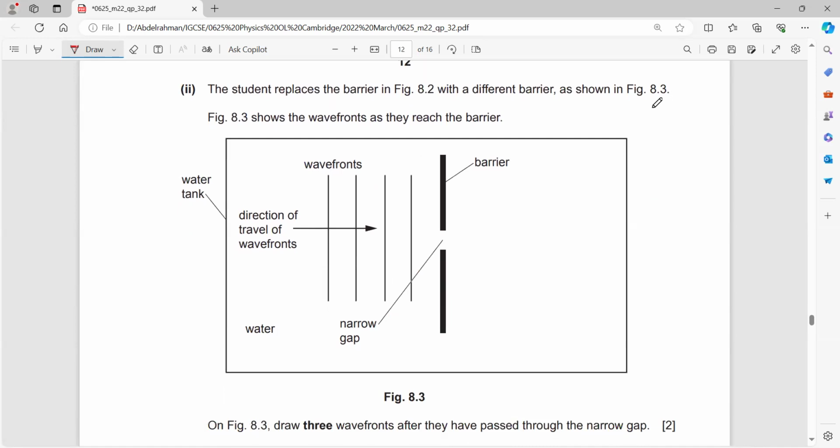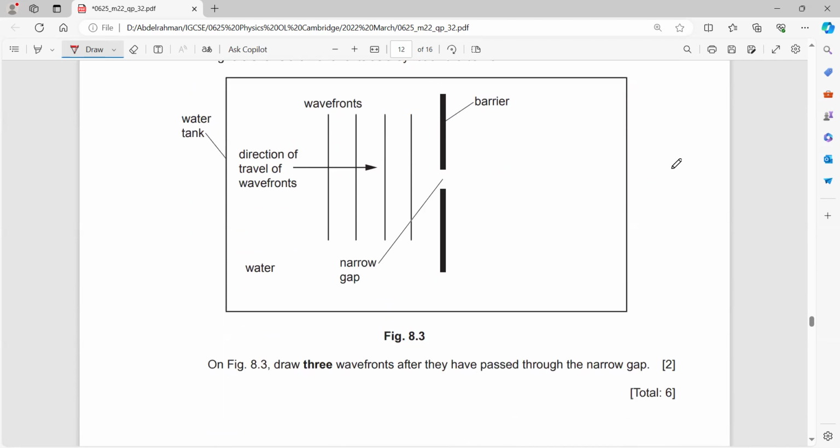Now the student replaces the barrier with a different barrier. This barrier has a narrow gap. Whenever I have a narrow gap, what will happen? What's the name of the process that will happen as the wavefronts pass through this narrow gap?